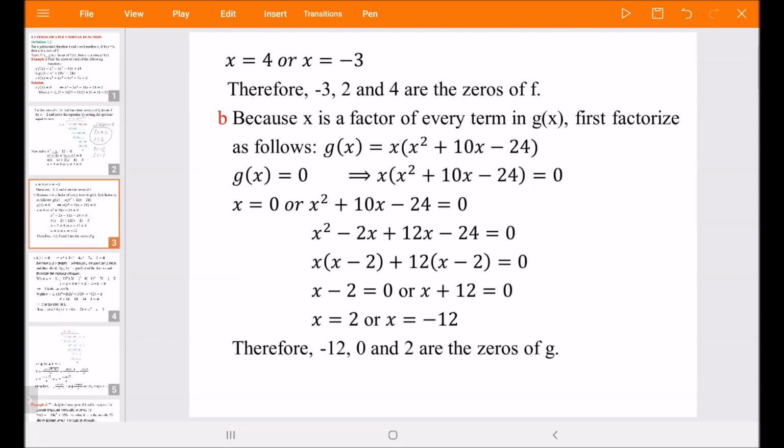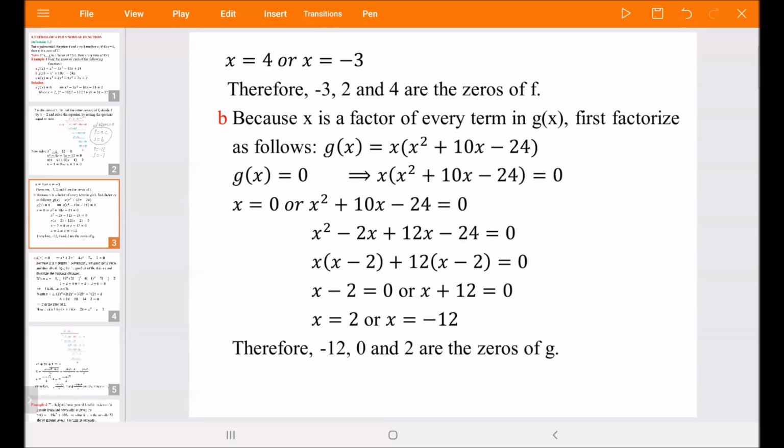If you take x out, then you are left with x squared plus 10x minus 24. Now, setting g of x equal to 0: x times x squared plus 10x minus 24 equal to 0. Now use the product property here. The product of two numbers is equal to 0 when either of them is equal to 0 or both are equal to 0.